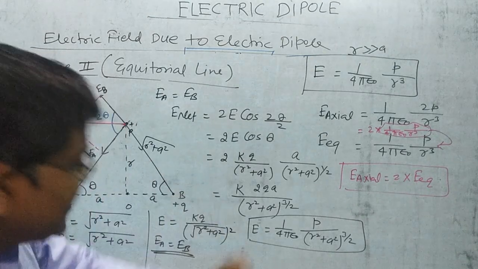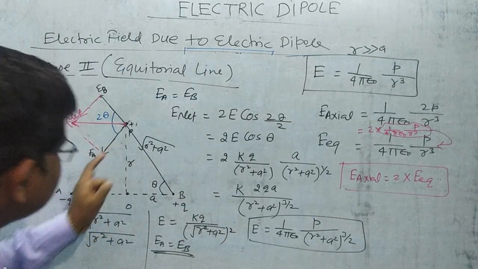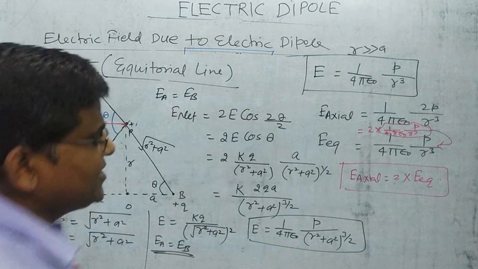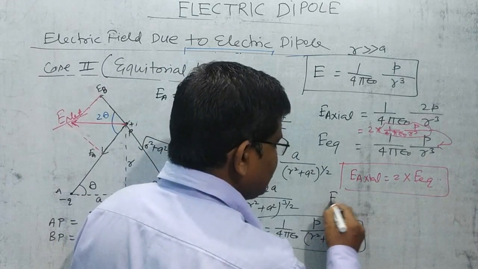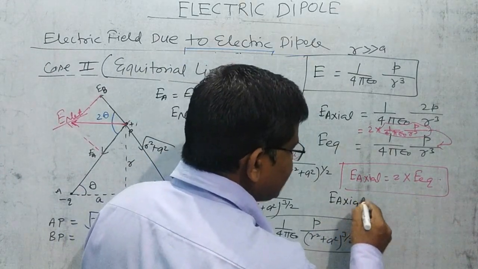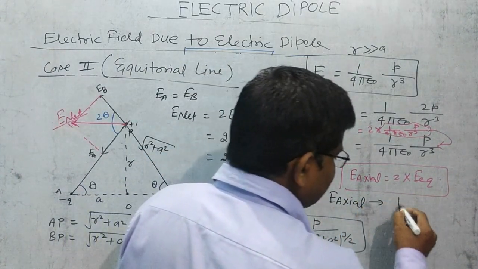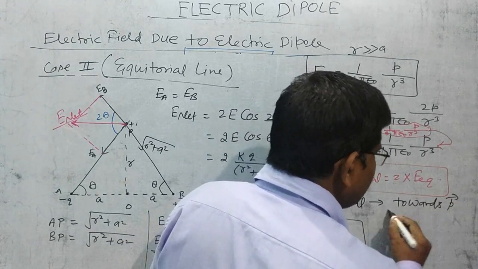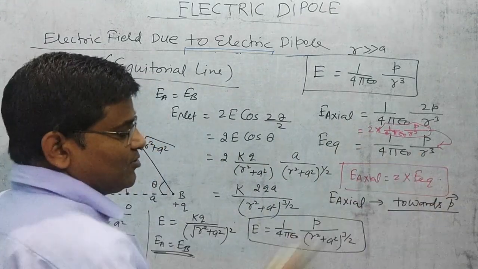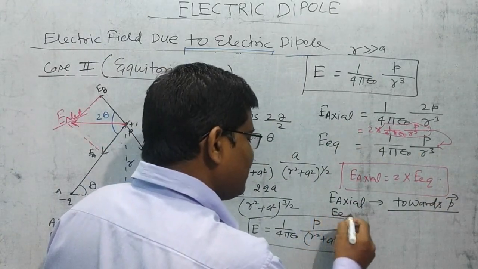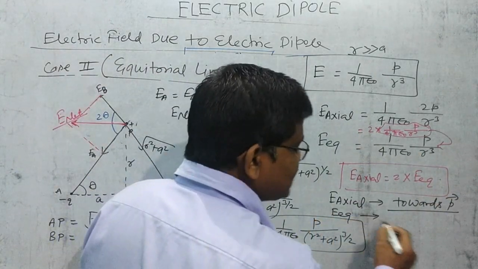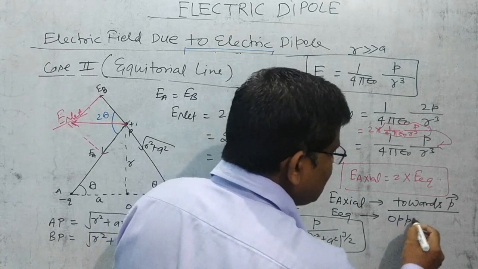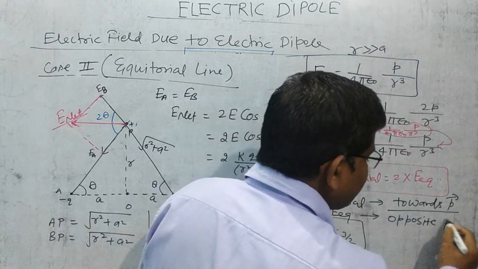And what is the direction? The main thing: in the axial case, the direction is towards the P vector, meaning towards the electric dipole moment. And in the case of equatorial, the direction is opposite to the P vector.